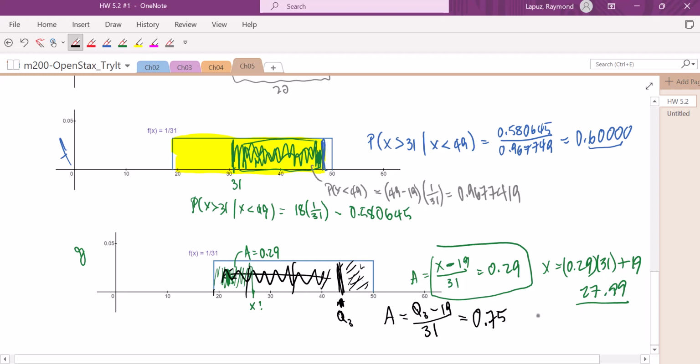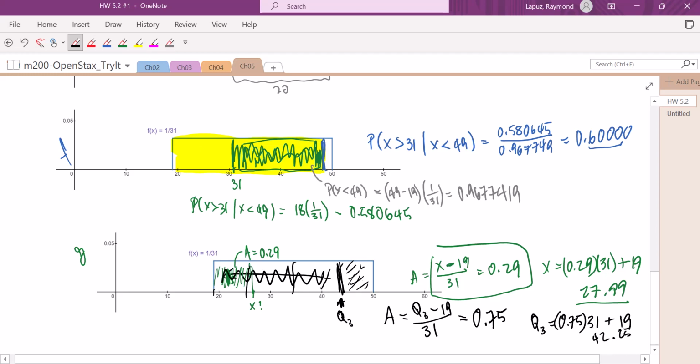So we'll do the same work. Q3 will equal 0.75 times 31, and then we'll add 19 to it. So 0.75 times 31, add 19, and we get 42.25.